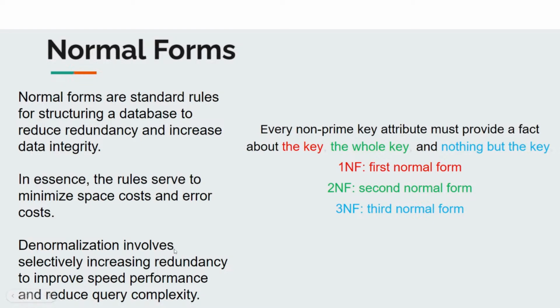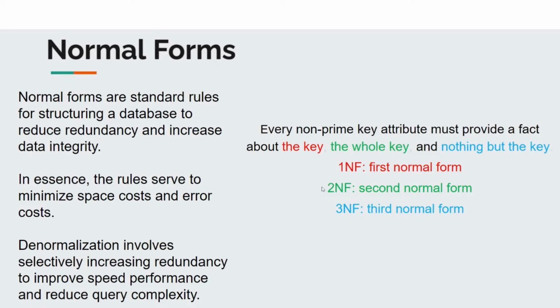And denormalization happens in analytical processes, where you take a normal form and selectively increase redundancy to improve speed. So occasionally there are some trade-offs between these normal forms for analytical processes or for speed considerations in a database.